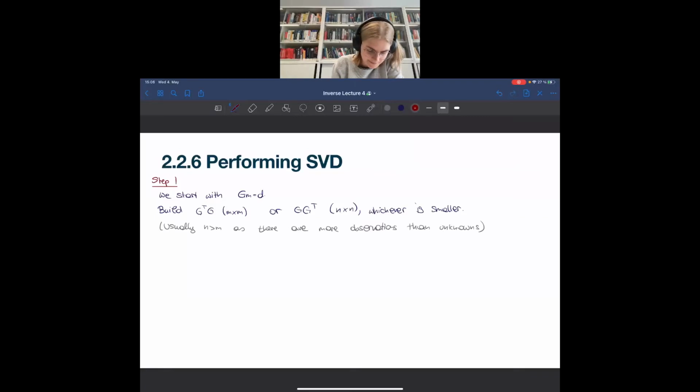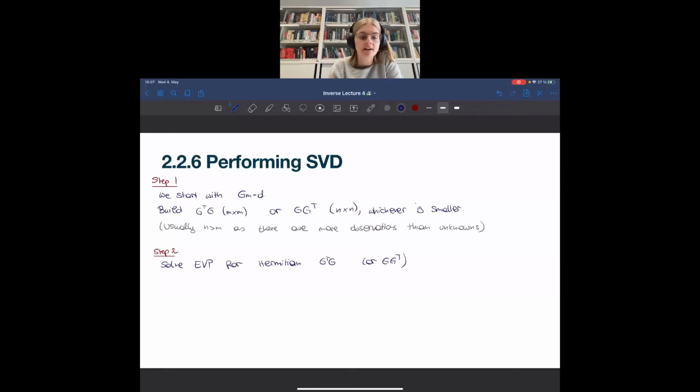Step 2. We are going to eigenvalue problems already. So here we just assume that G transpose times G is the smaller matrix.